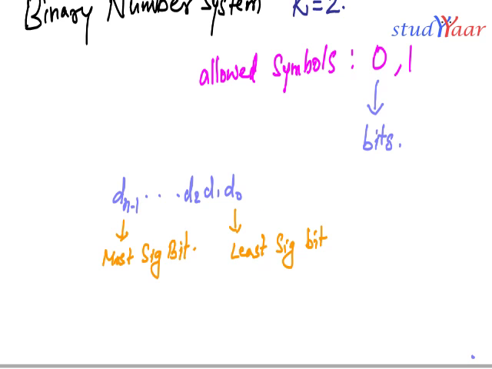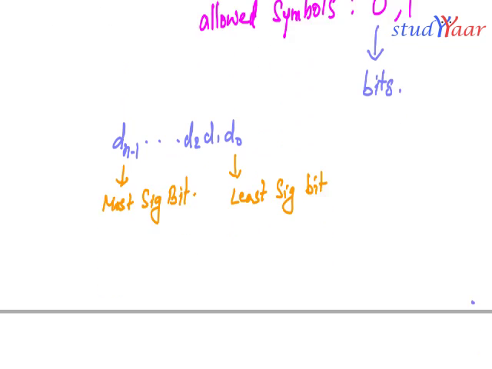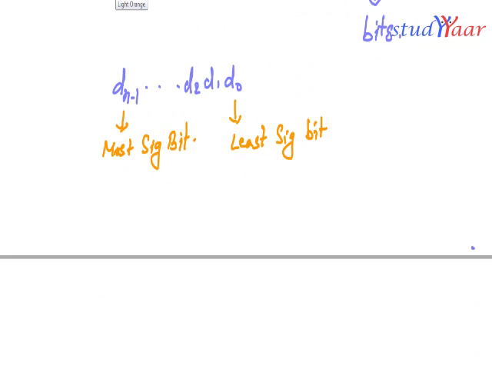Another terminologies that we are going to learn over here is a collection of 4 bits is called as a nibble. So what is a nibble? Nibble is collection of 4 bits.